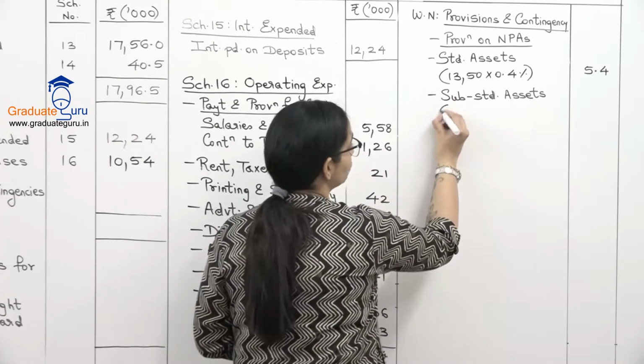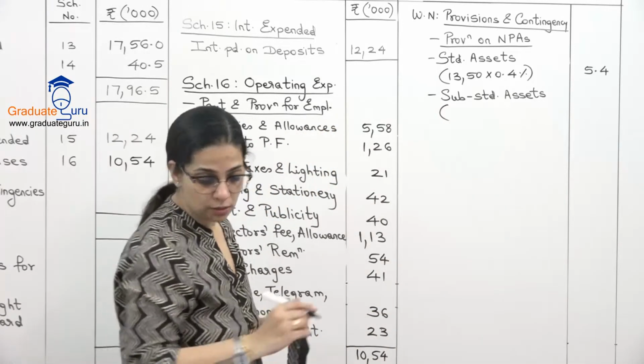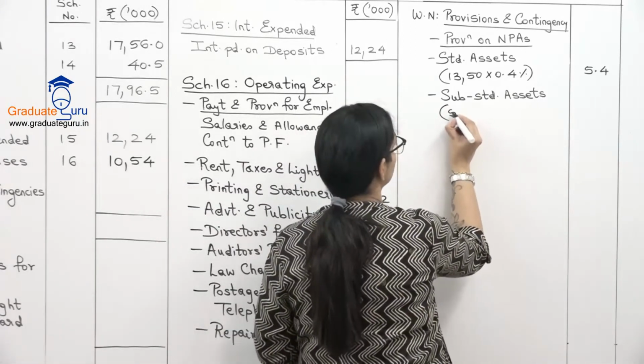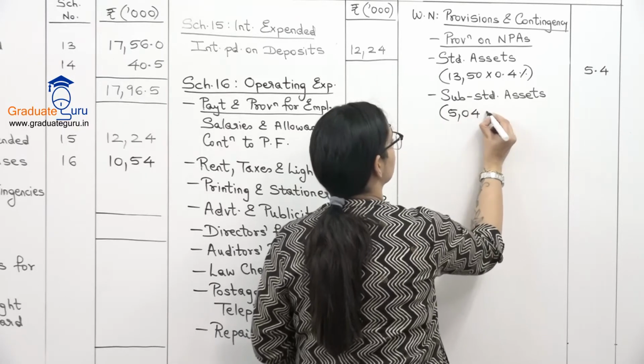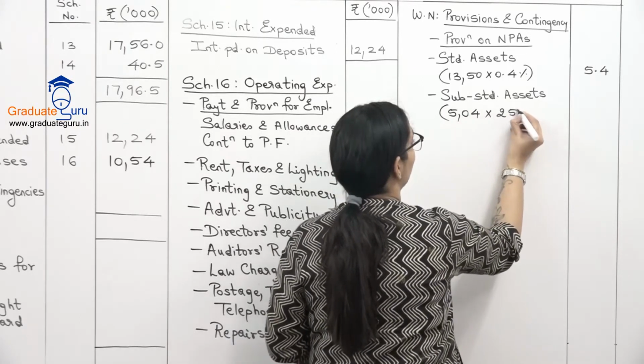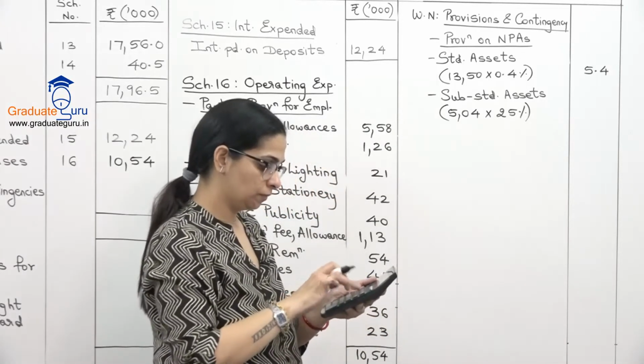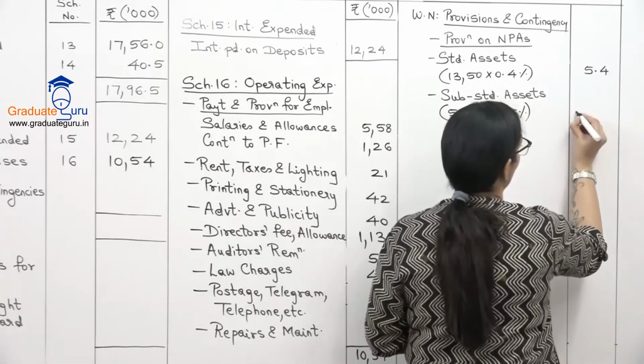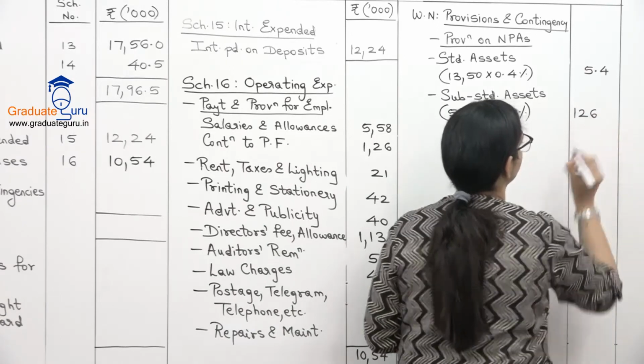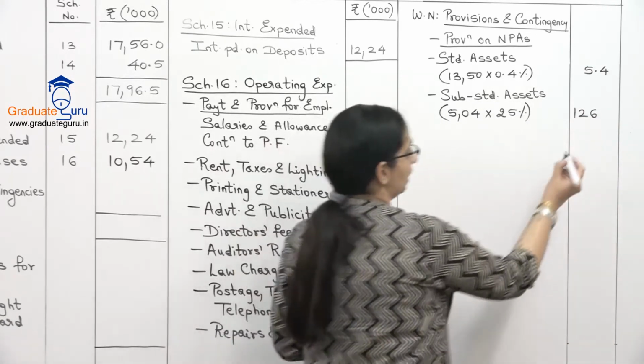So on the amount given, which is 504, we will take 25%. And that comes to 126. So that is our substandard.